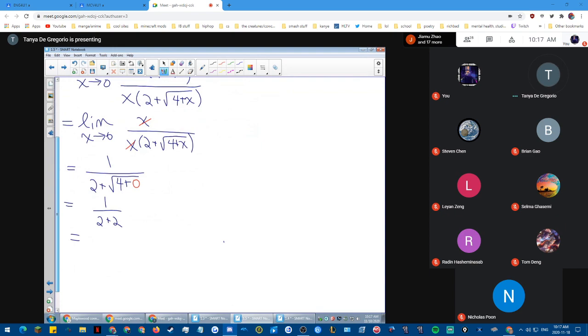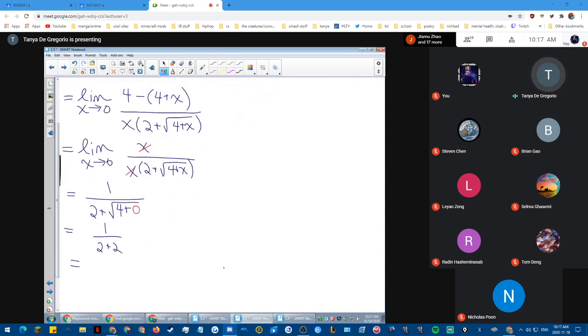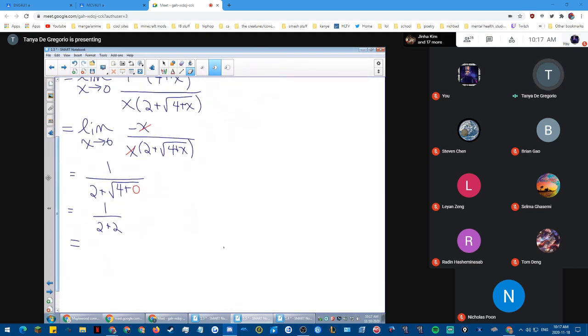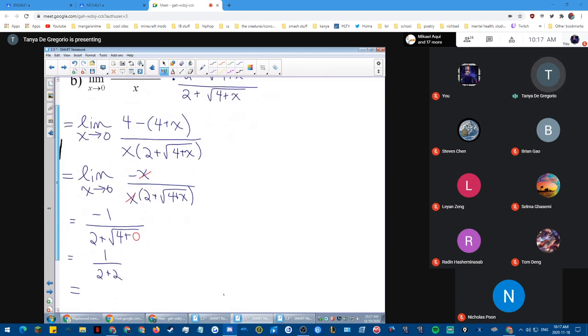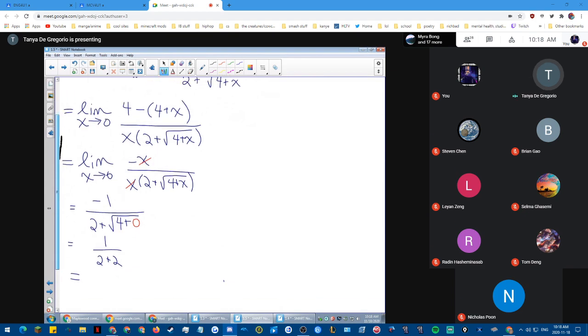Oh, sorry, negative x. And so here I'm left with... That's the whole reason we did this, right? The whole reason we said be careful of those brackets is to make sure to distribute that negative.